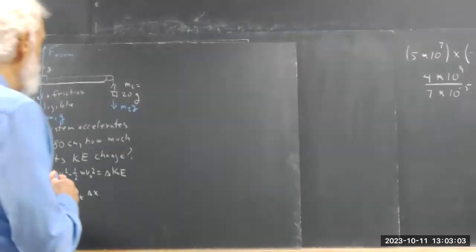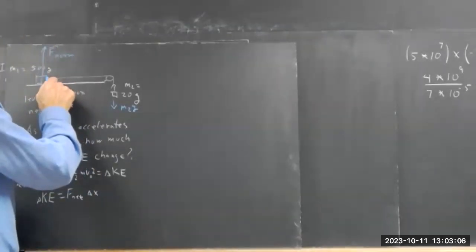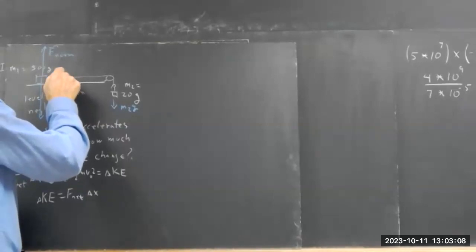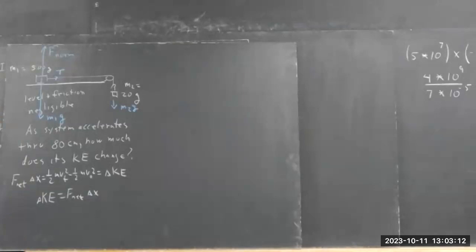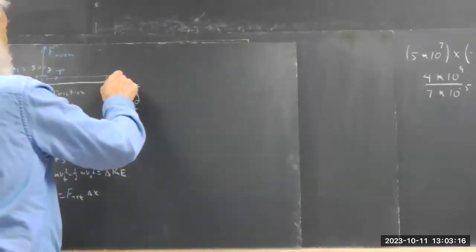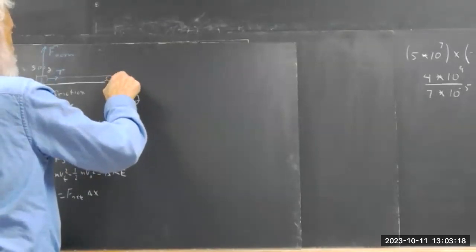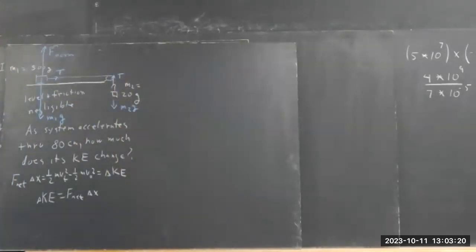Another force we have is a tension in the string, and there's a tension in the string over here. It has the same magnitude, assuming it's a light string. So what's all that come down to?